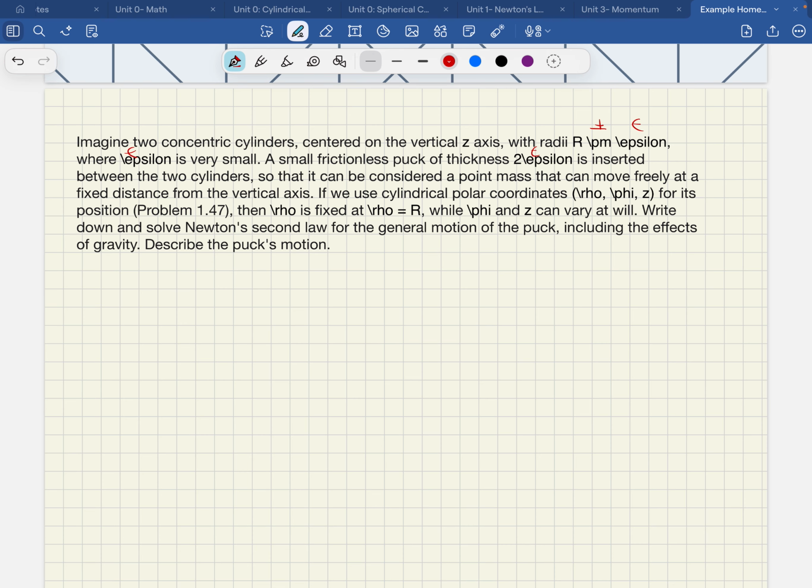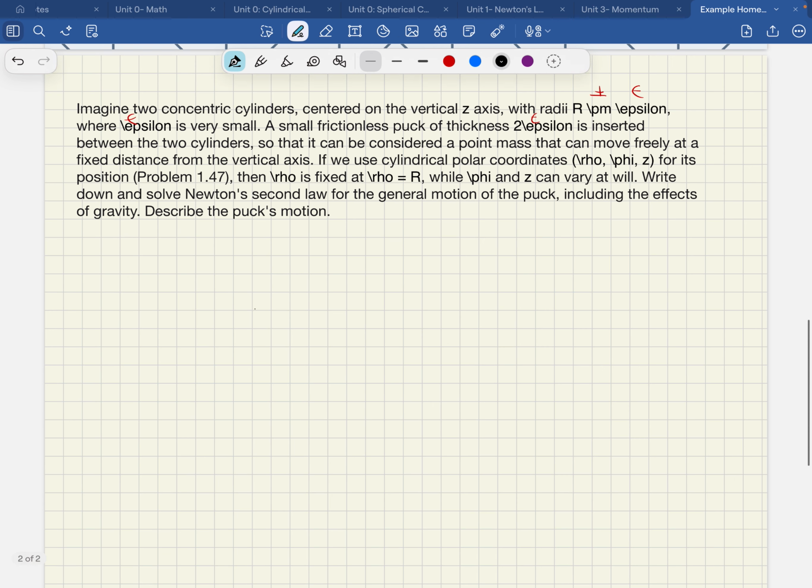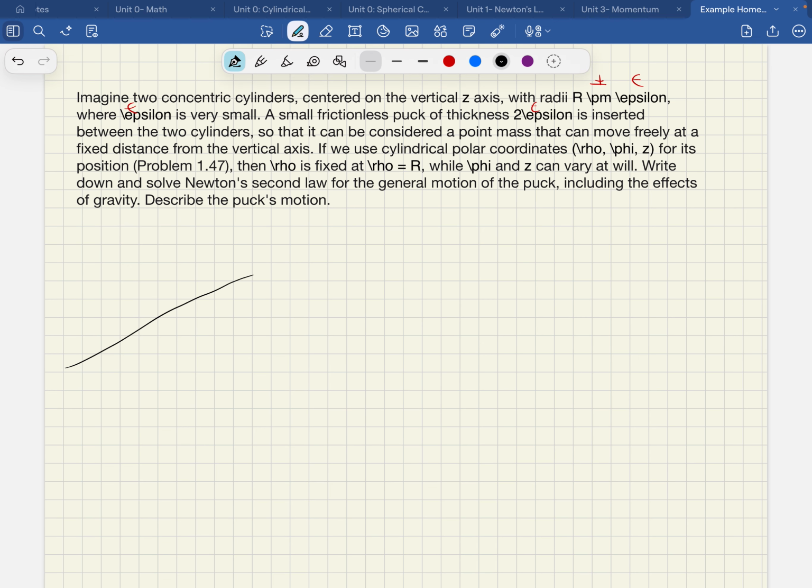So I'm going to start by trying to draw this, although I admit it's probably not going to be super easy to draw. Let me start with an x and y coordinate system. So x will be coming out towards us, y will be horizontal side to side, and z is straight up.